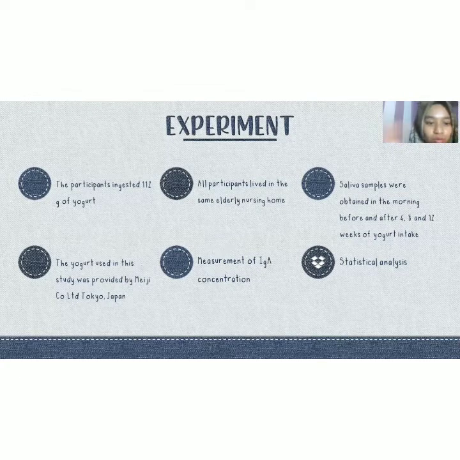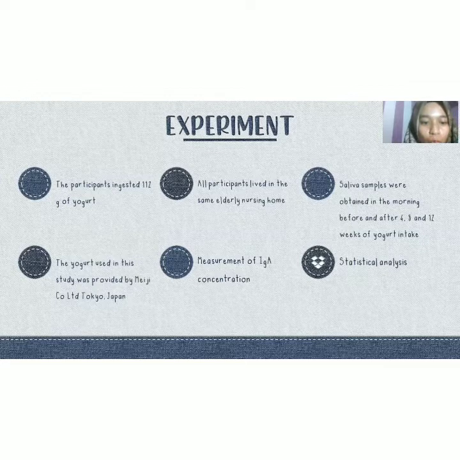After washing with wash solution as described above, the samples and human IgA standards were added to each well for 1 hour at room temperature. After washing, horseradish peroxidase-conjugated goat anti-human IgA detection antibody was added to each well for 1 hour at room temperature.